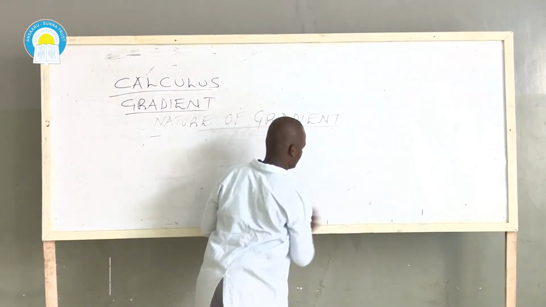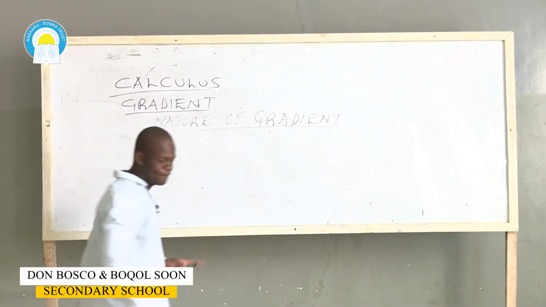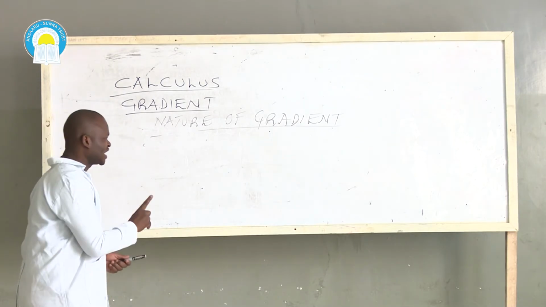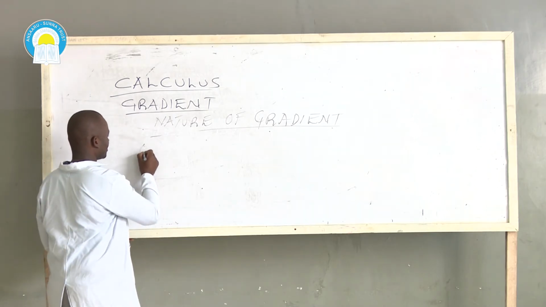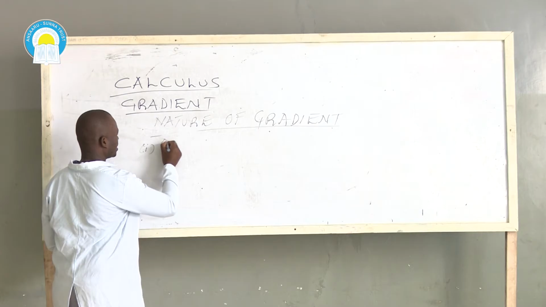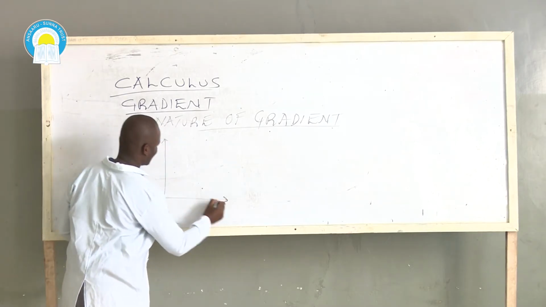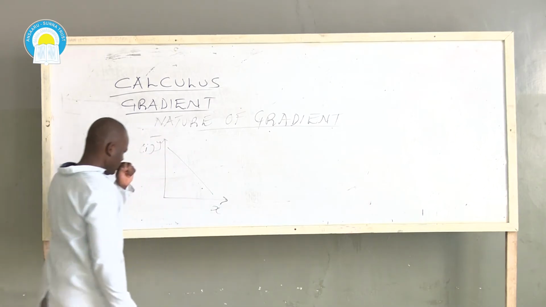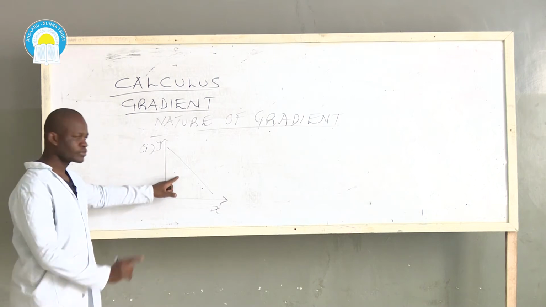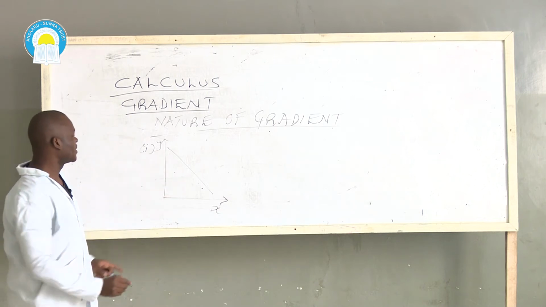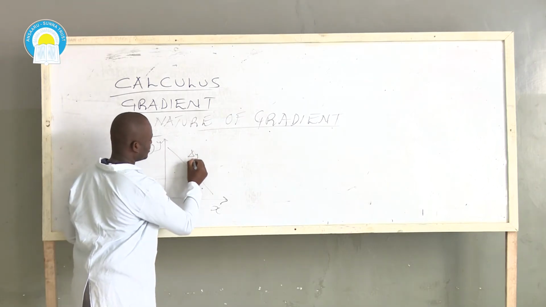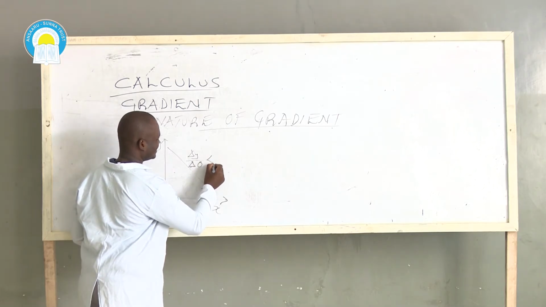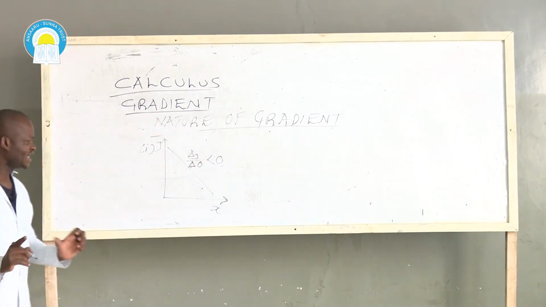Now, so you're saying we have 4 key natures which the gradient of a straight line can assume. Number 1, we are saying a line with that inclination will always have what? A positive gradient, meaning our change in y over change in x will be less than 0 because it is negative.